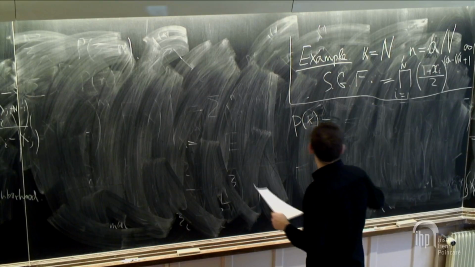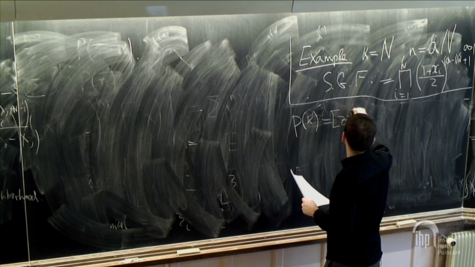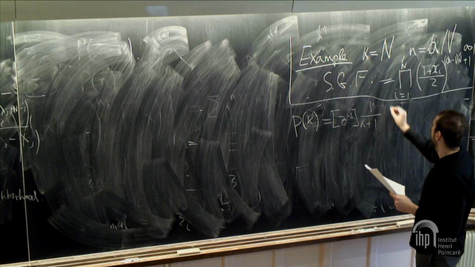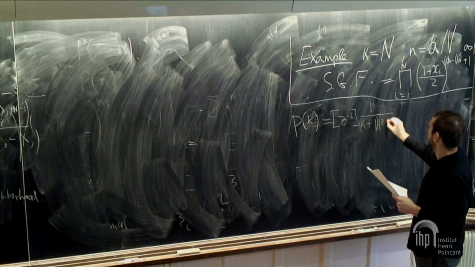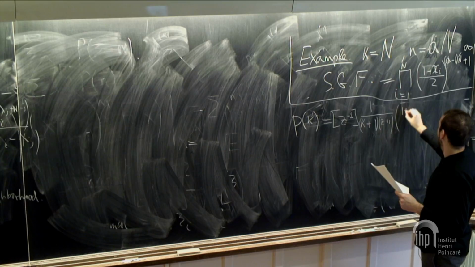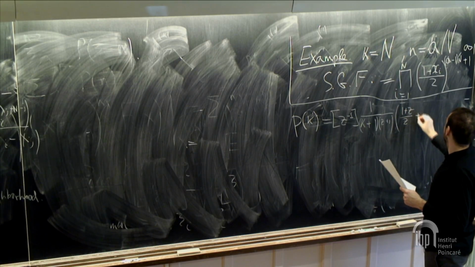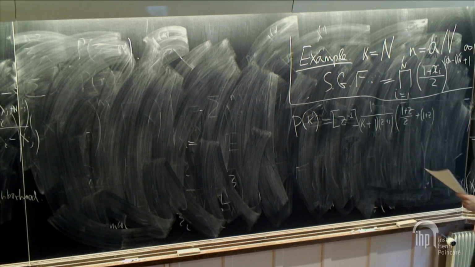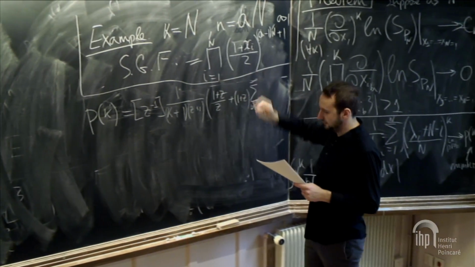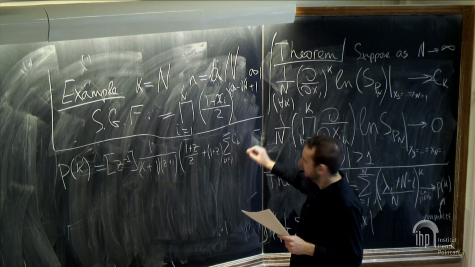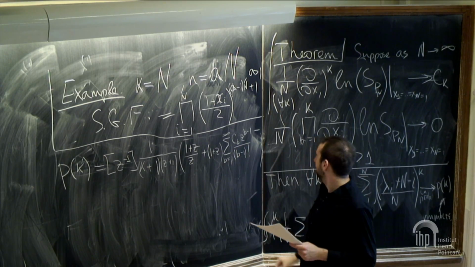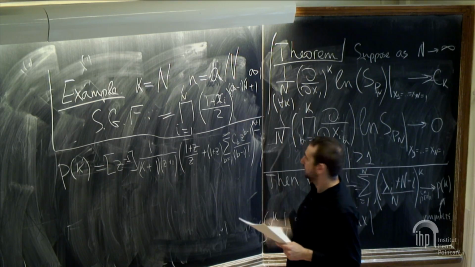P of k is a coefficient of Z inverse in 1 over k plus 1 times 1 over Z plus 1 times 1 plus Z divided by Z plus 1 plus Z multiplied by the sum, B goes from 1 to infinity, CB Z to the B minus 1 divided by B minus 1 factorial, and everything raised to the power k plus 1.